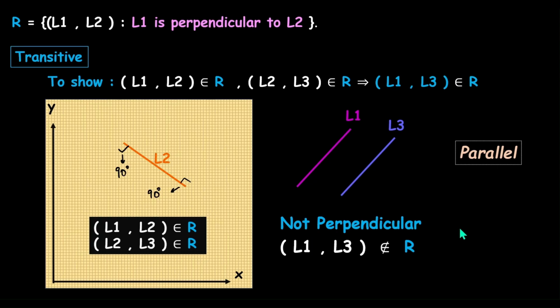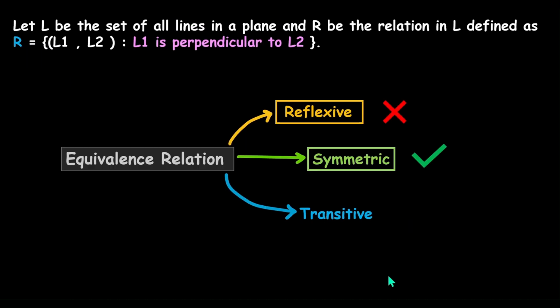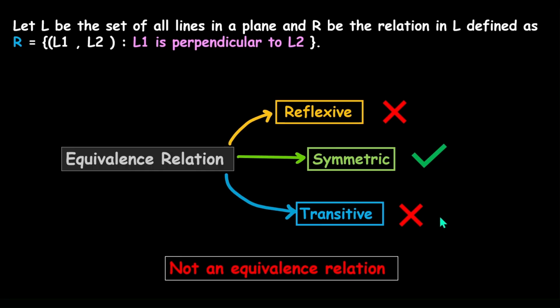So they are not perpendicular, and thus L1, L3 does not belong to the relation R. So this relation is not transitive. For equivalence it has to be all three properties, whereas this relation is only symmetric. Alright, so this is not an equivalence relation.